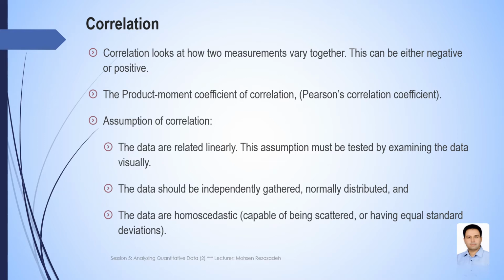And the third one is that the data are homoscedastic, that is, being capable of being scattered or having equal standard deviations. These three assumptions should be met in order to be able to run Pearson's correlation coefficient.